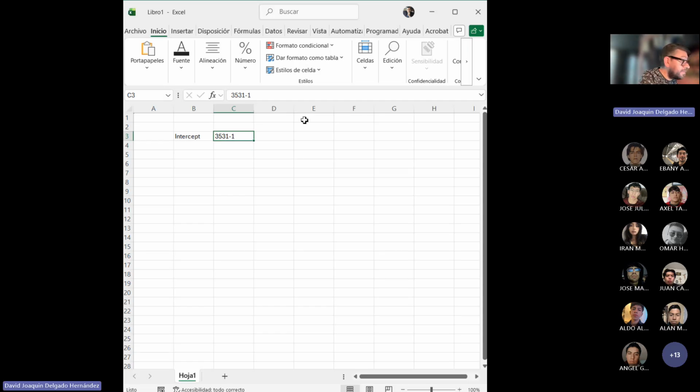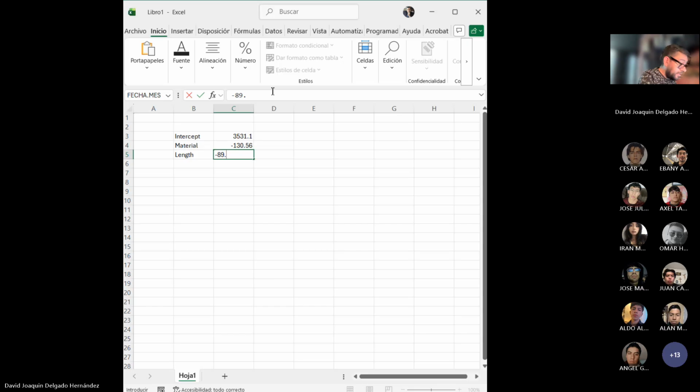Then I have the material. So I am just copying these quantities, material, which is minus 130.56. Then I have the length, which is minus 89.969.